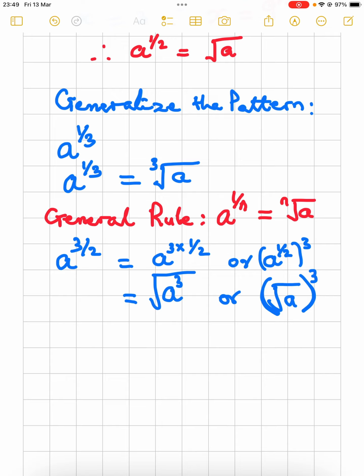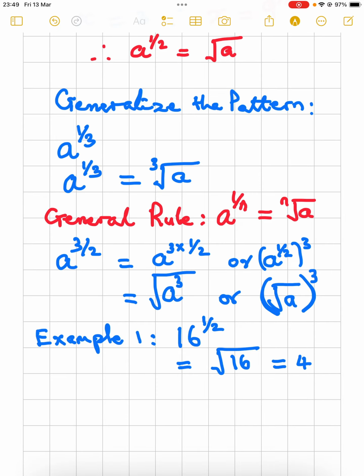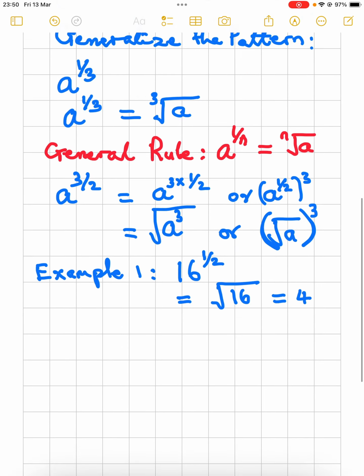Let's consider some numeric examples. Example 1. Sixteen raised to power half is equal to the square root of 16, which is 4.